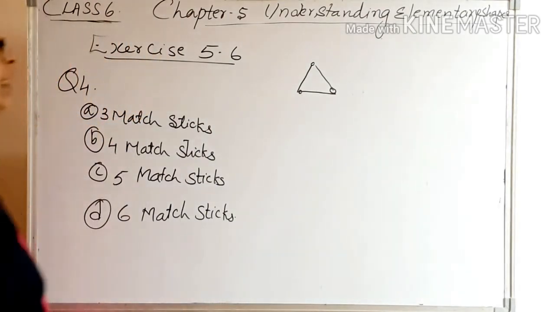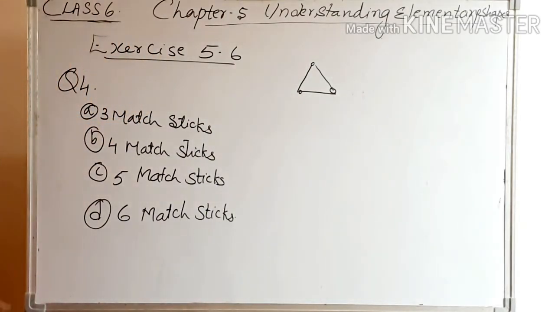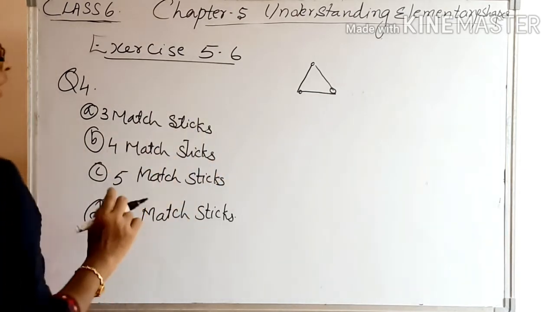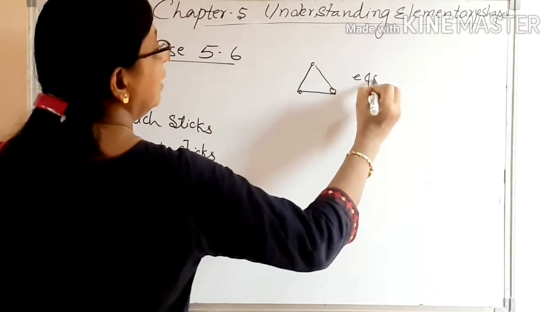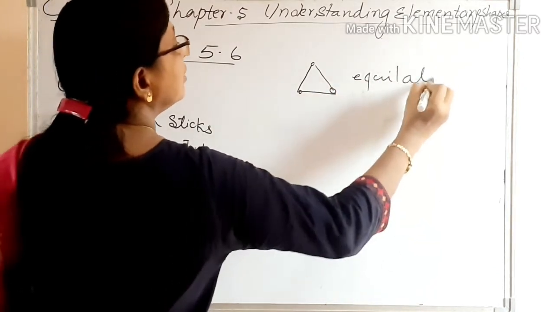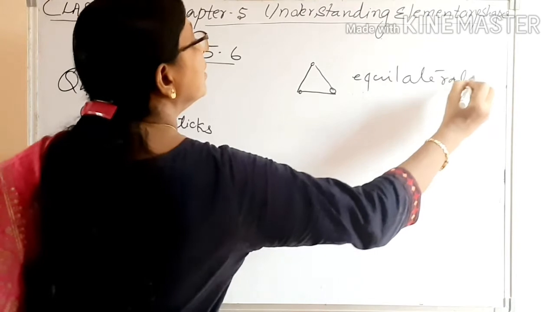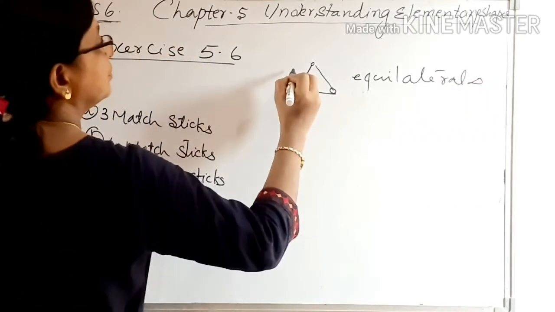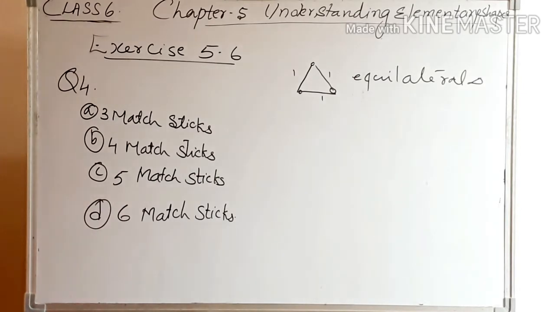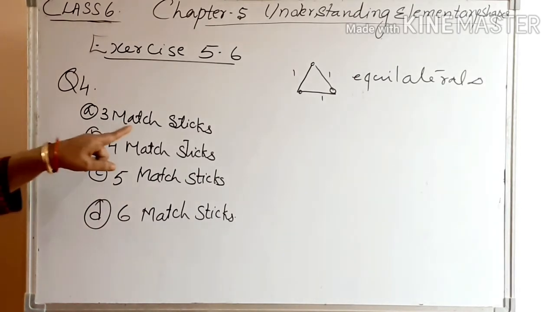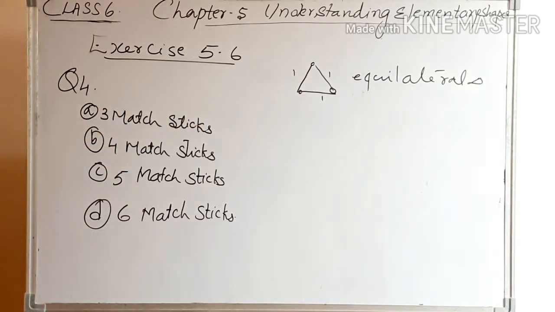Yes, I can make it with these 3 matchsticks. We know that all the matchsticks are equal in length. This triangle we can make an equilateral triangle. Maybe this is 1 centimeter, 1 centimeter. By using 3 matchsticks, we can make a triangle, that is an equilateral triangle.